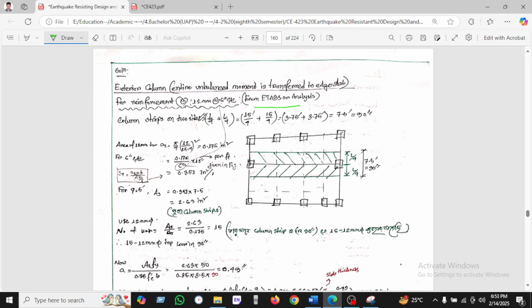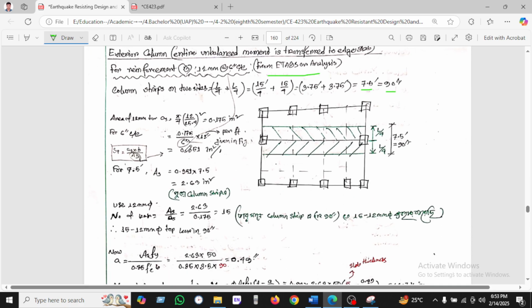The column strip we have seen here is L divided by 4, which is 15 feet divided by 4, and 3.75 plus 3.75, which is 7.5 feet, which is 90 inches. And the area of the 12 mm bar we have found is 0.175 inches square. For 6 inches we have found 0.375 inches square.